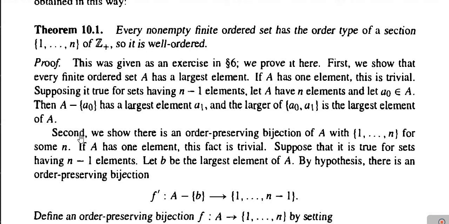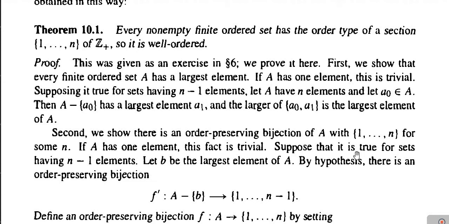Now we show that there is an order preserving bijection of set A with the set {1, 2, ..., n} for some positive integer n. If set A has only one element, then definitely there is a bijective correspondence which preserves the order.